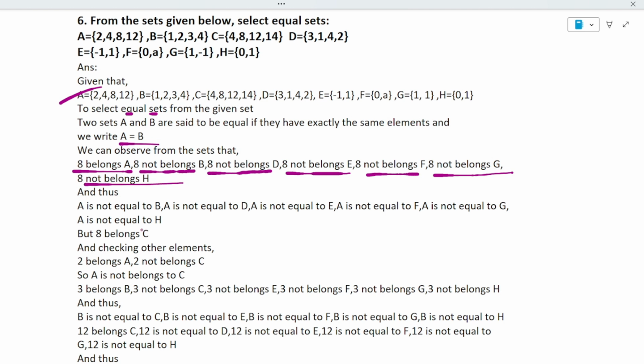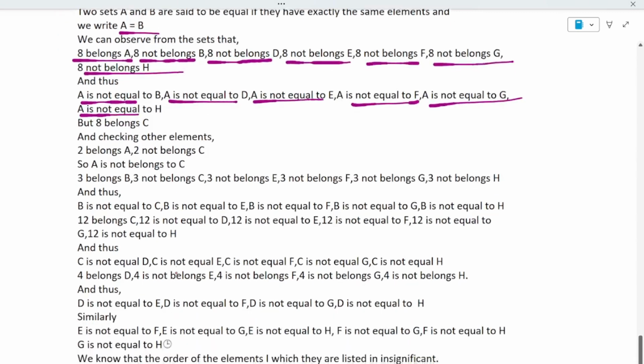And thus A is not equal to B, A is not equal to D, A is not equal to E, A is not equal to F, A is not equal to G, A is not equal to H. If we take this element as 8 here, we compared with all these, as we know this 8 is not present in B and D, E, F, G, H, so they are not equal. Now let's see the other elements.